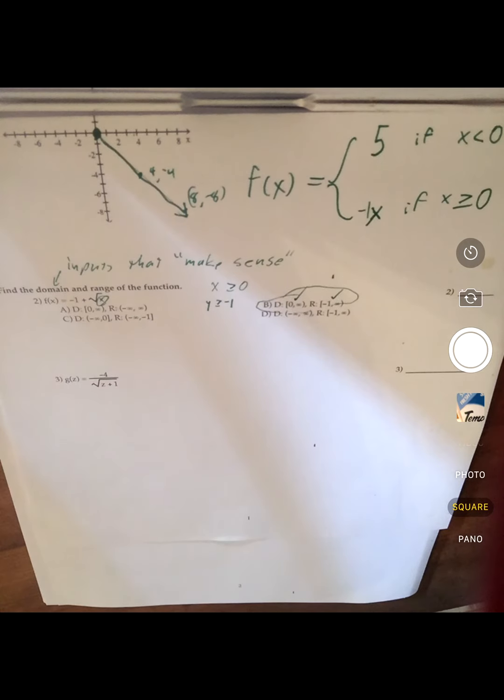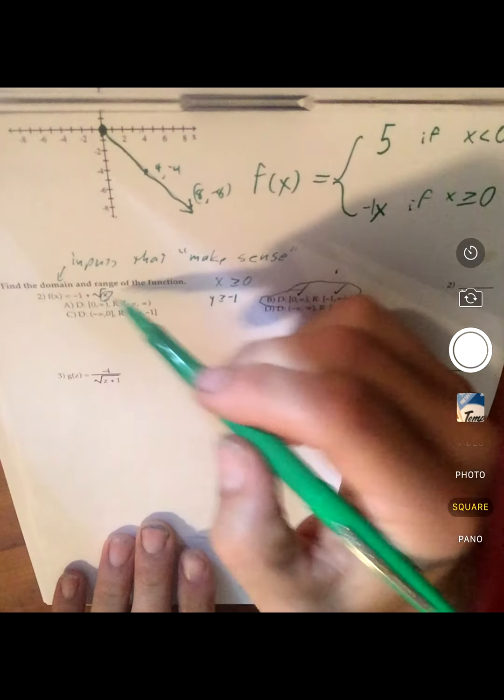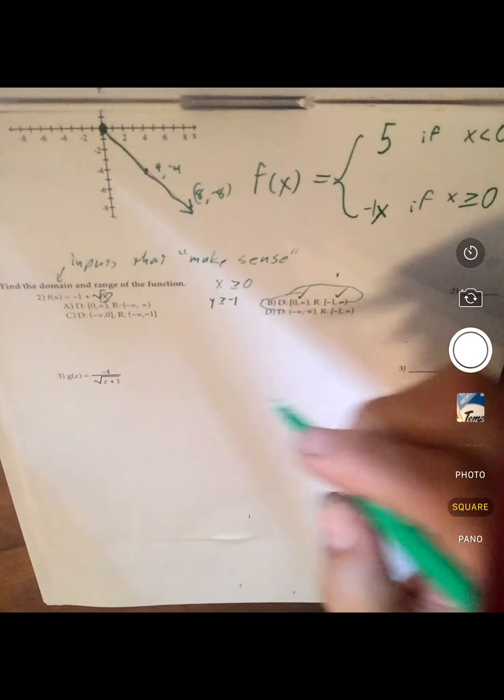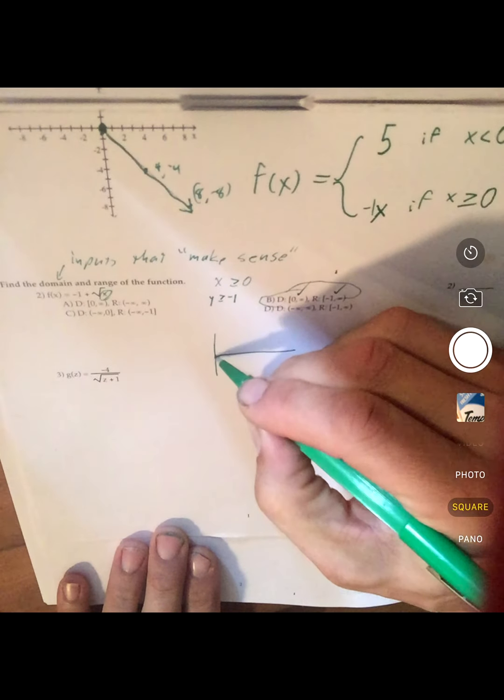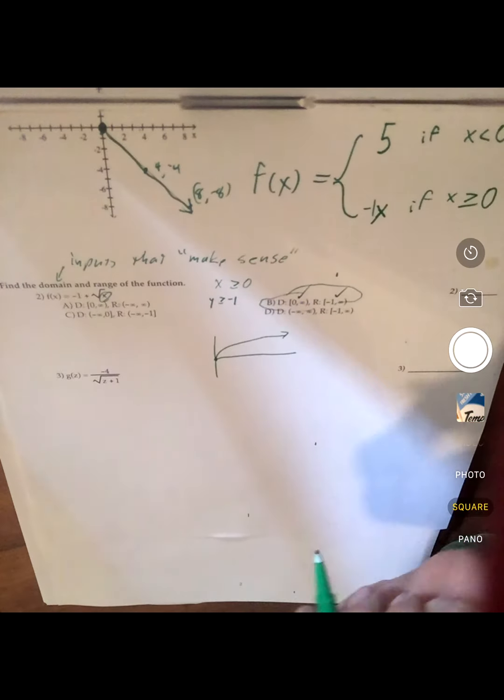If you know your basic functions and your basic transformations, you can get to this kind of thing pretty quickly. We've got -1 plus the square root of x. If you can think graphically about that, hey, the square root function looks like this, right?